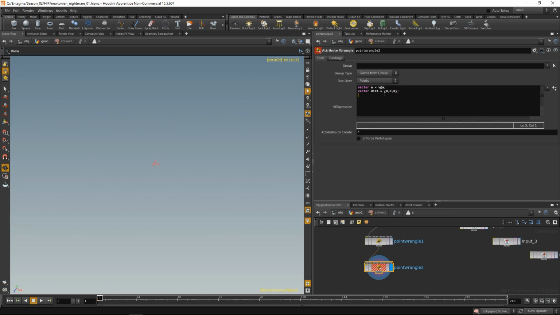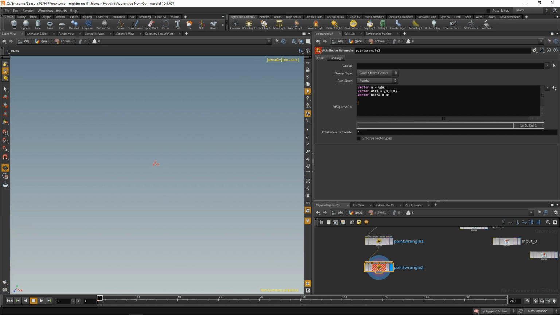Initializing a new direction vector here. And a normalized directional vector here. So now what I want to do is find every other point there is in my particle system and calculate the gravitational force affecting my current particle and this particle by using the particle's mass and particle's distance.